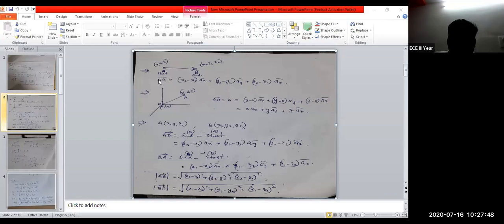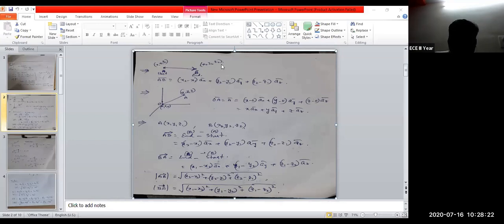I repeat, the first letter is the starting point and the next letter is the end point. So the resultant is the end point coordinates minus the starting coordinates: x2 minus x1 into ax bar plus y2 minus y1 into ay bar plus z2 minus z1 into az bar.